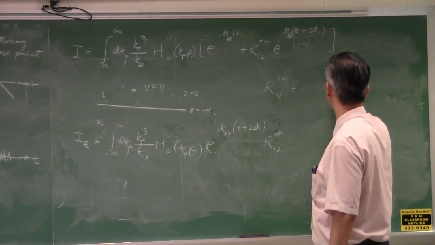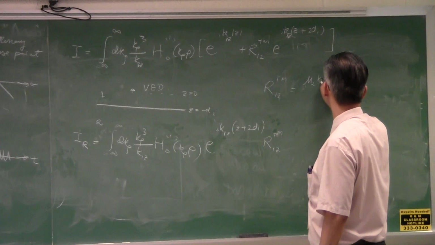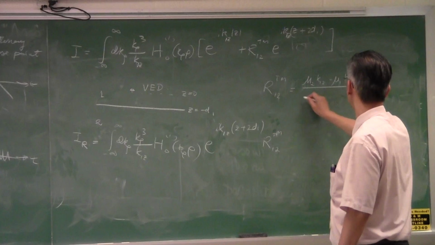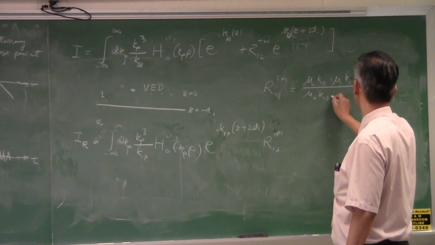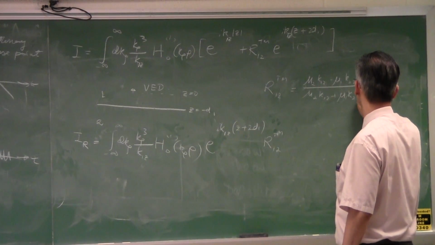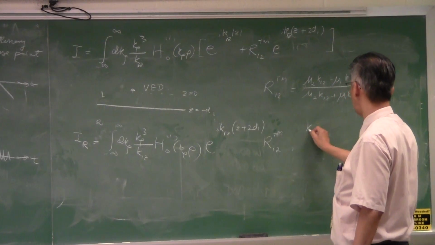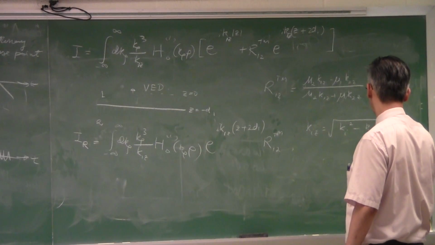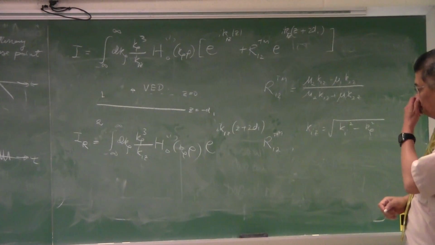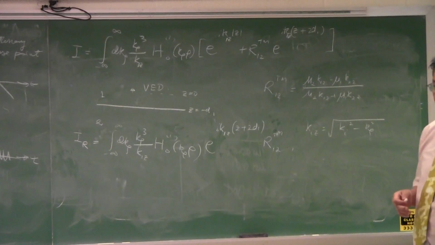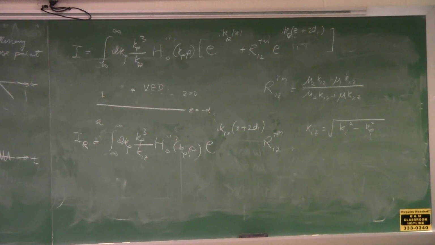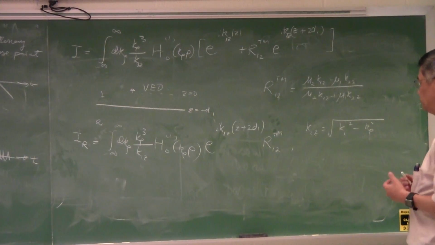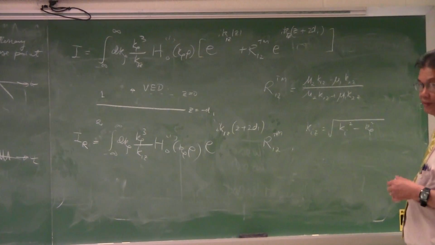It will be something like (μ2 k1z minus μ1 k2z) over (μ2 k1z plus μ1 k2z). And in general, kiz is equal to the square root of ki squared minus kρ squared. Okay? And there's no way you can evaluate this integral in closed form, but we can use the method of stationary phase to find the approximate value of this integral.